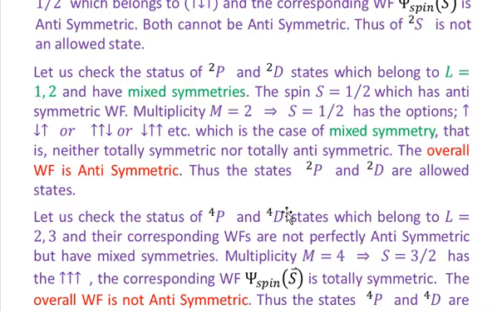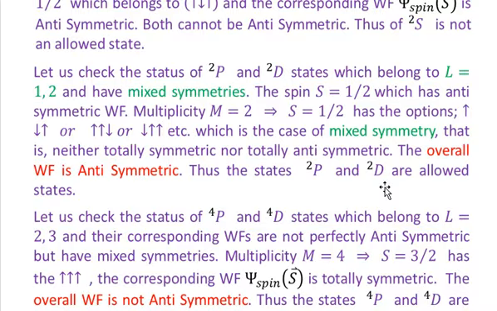Because the states L equal to 1 and 2 are actually mixed symmetries and more inclined towards the symmetric ones, whereas the spin wave function is totally antisymmetric, due to that we would say that 2P and 2D are the allowed states, because the resultant wave function psi total will be antisymmetric in this case.